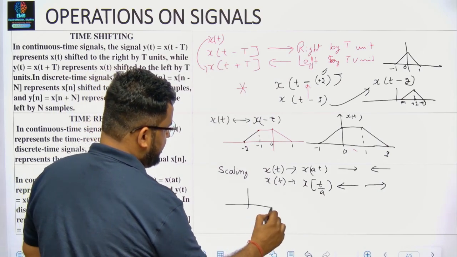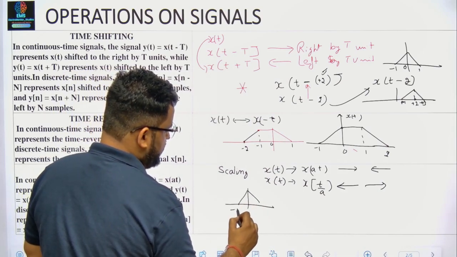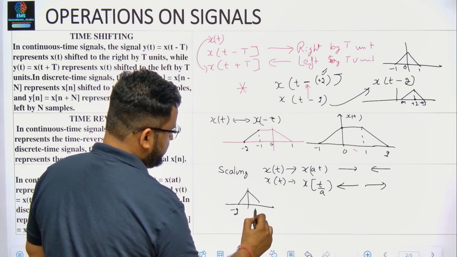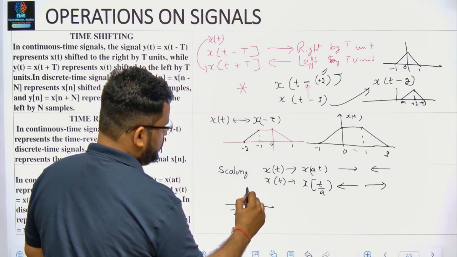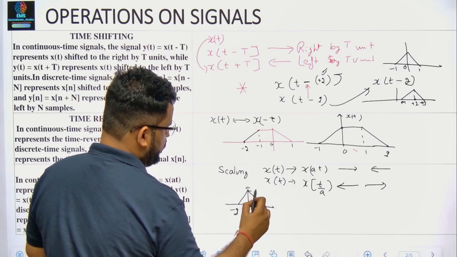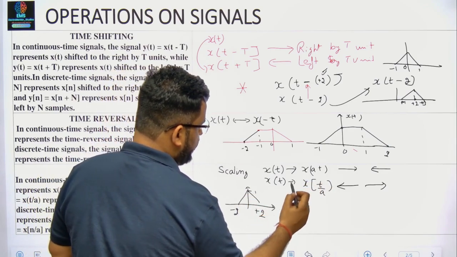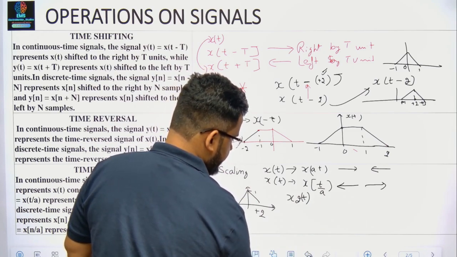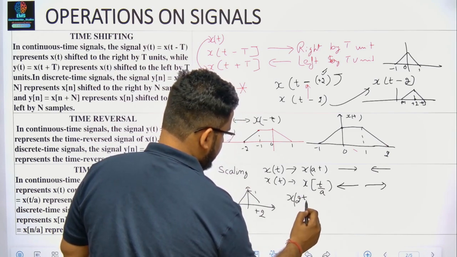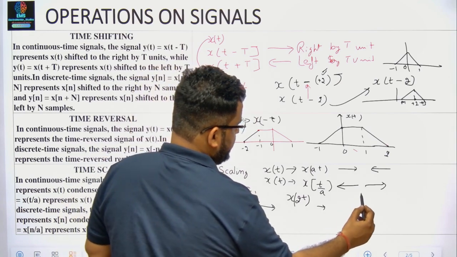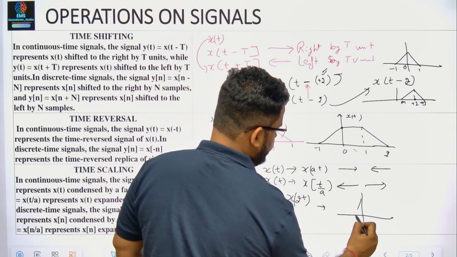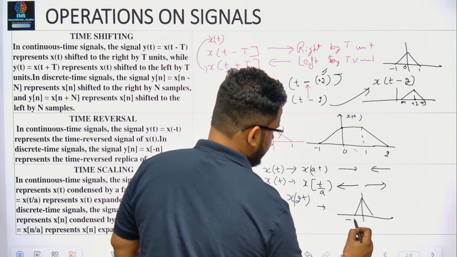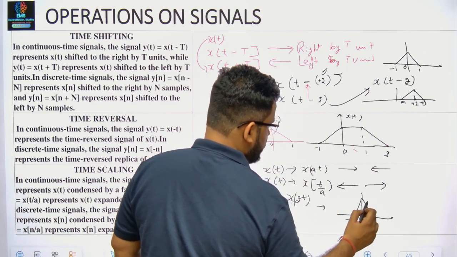Like, for an example, from minus 2 to plus 2, amplitude is 1. So I want to plot x of 2t of it. What would it be? This whole signal will be squeezed by 2, that is from minus 1 to plus 1.